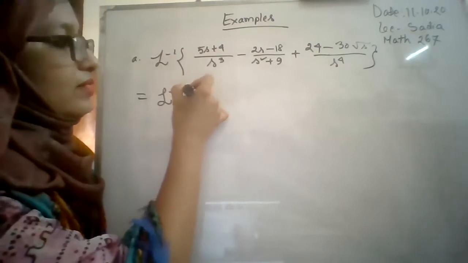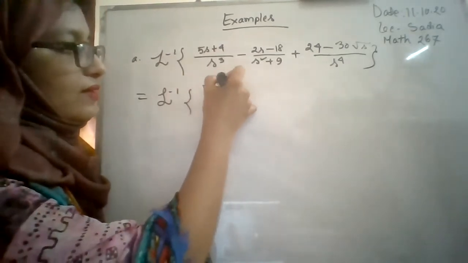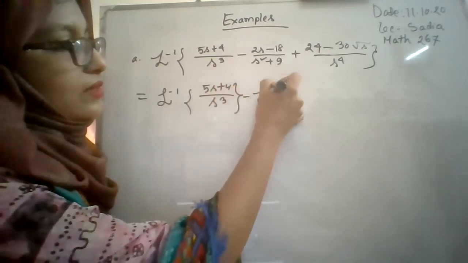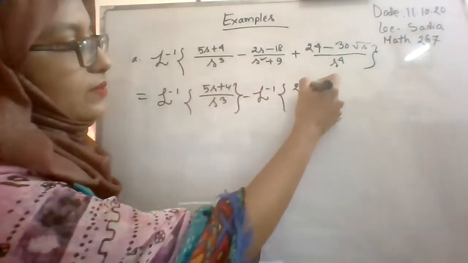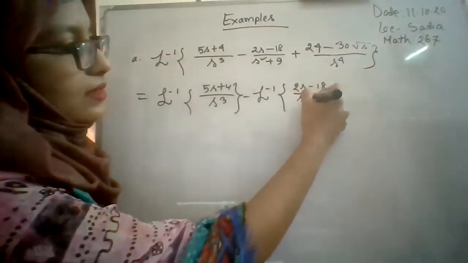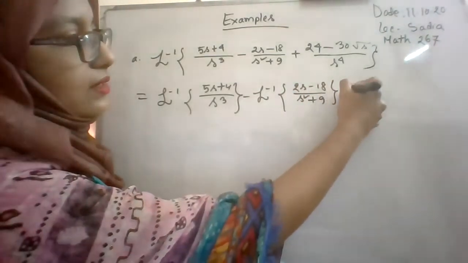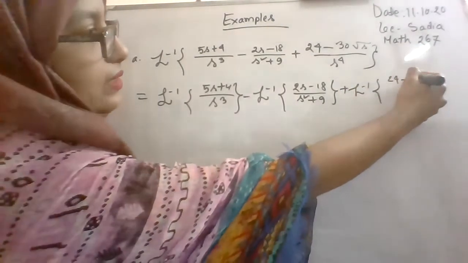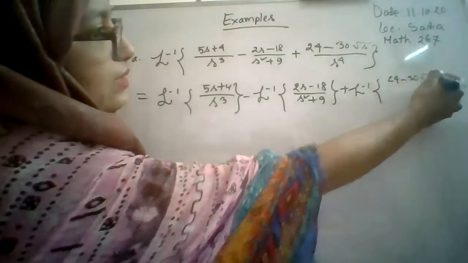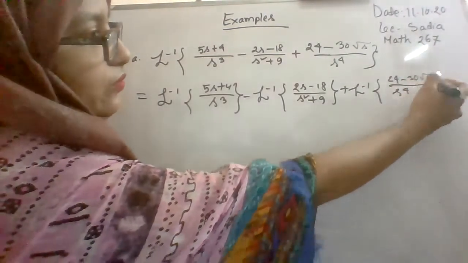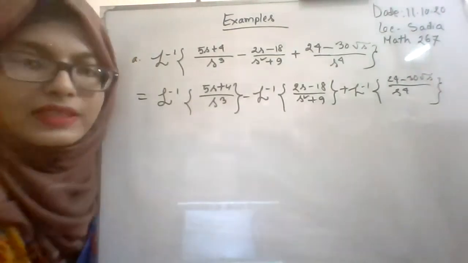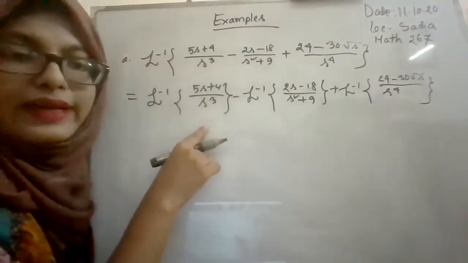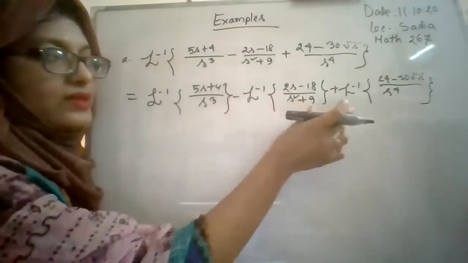Inverse Laplace transformation of (5s+4)^3, inverse Laplace transformation of 2s minus 18 plus 9, inverse Laplace transformation of 24 minus 30 to the power s divided by s to the power 4. Okay, and this property's name is linearity property. Now you have to find the inverse Laplace transformation of these three parts.